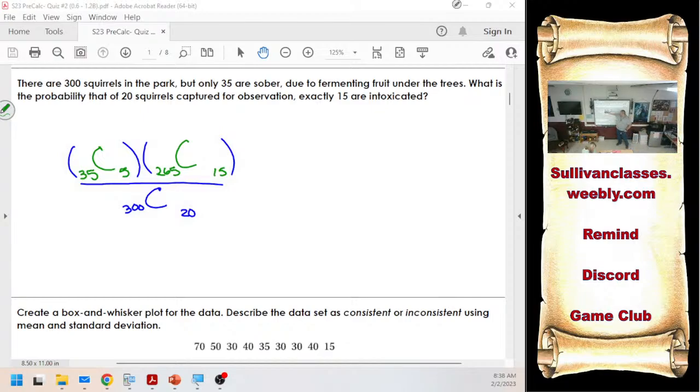On most of your calculators, when you're typing this 5, if you don't arrow over to say you're done with the combination, it just keeps typing down there. So you have to be careful about how you type it. I would like you to write it so that I can give you partial credit if that goes awry. And what is the probability that we get exactly 15 intoxicated squirrels?